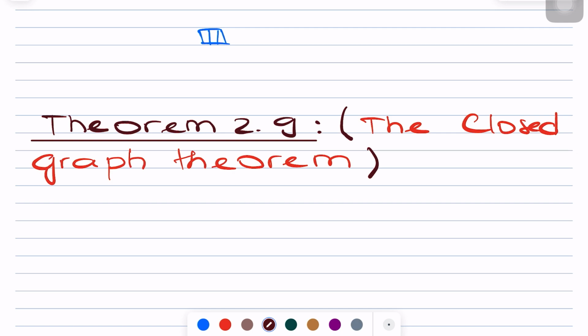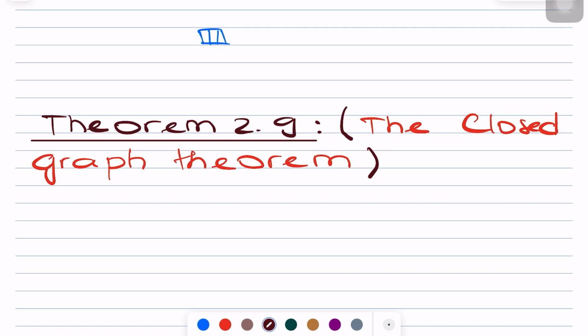So continuity means that small changes in the input lead to small changes in the output. And we want to explore how this continuity is reflected in the graph. The key insight is that if the graph of a function is closed, meaning that it contains all its boundary points, it implies that the function is continuous.